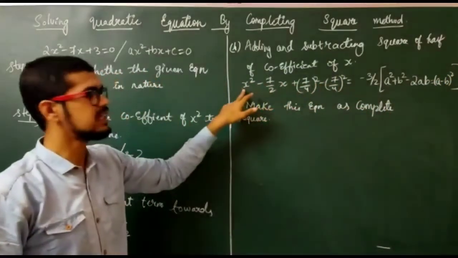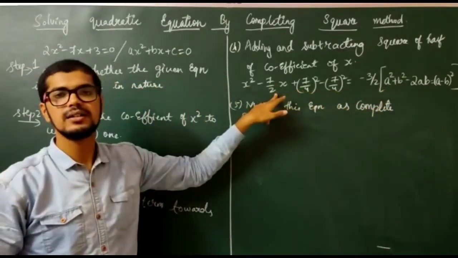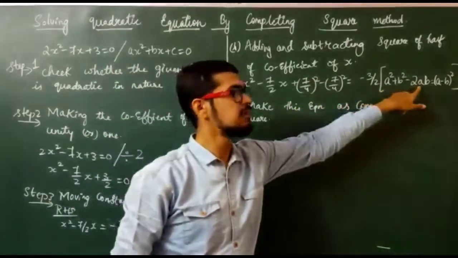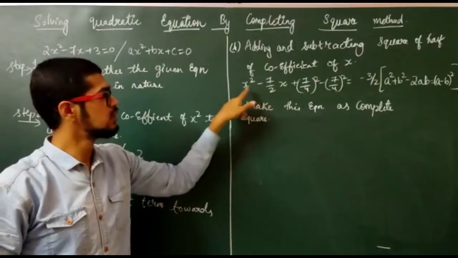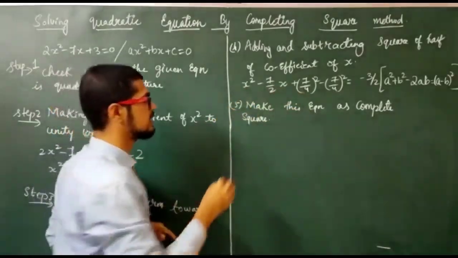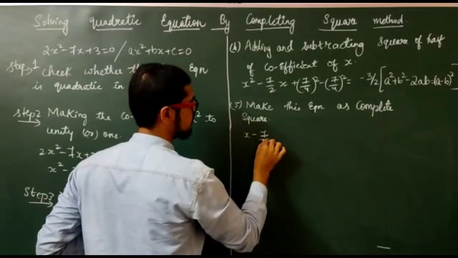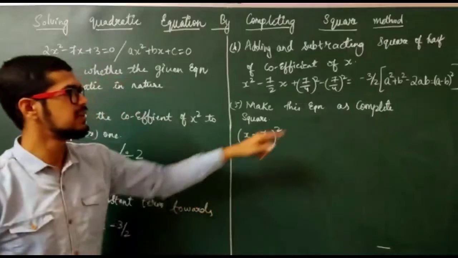Now compare this with x. A is x here, b is 7 by 4, then minus 2 into ab is minus 7 by 2x. So this equation I can write as x minus 7 by 4 whole square. Now what is my remaining term?